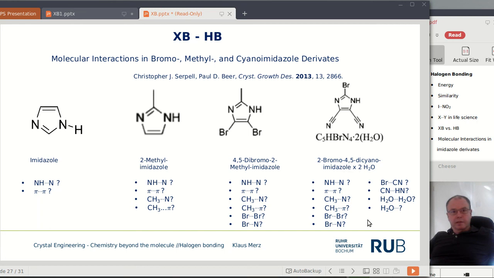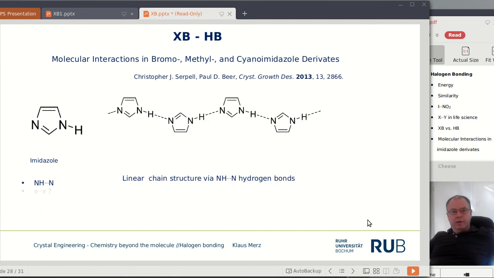Now have a look at the crystal packing. In the crystal packing of imidazole by itself, we see exactly what we predicted. The suggested interaction of NH with a hydrogen bond acceptor, the aromatic nitrogen center, forming these linear chains, up, down, and up. No pi-pi interaction.